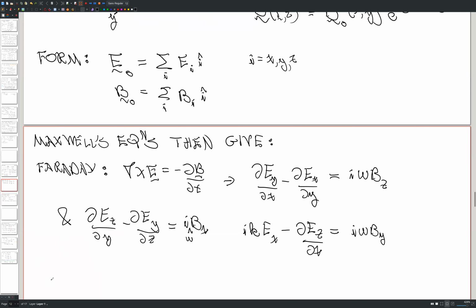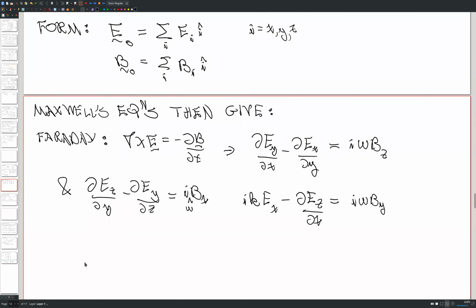Then the other condition that I get is from just Ampère-Maxwell. So here I get similar things.